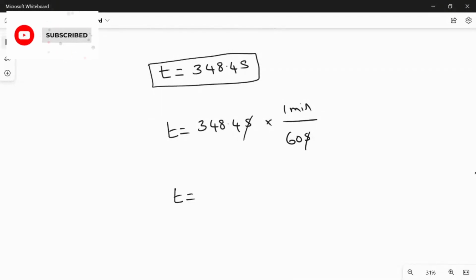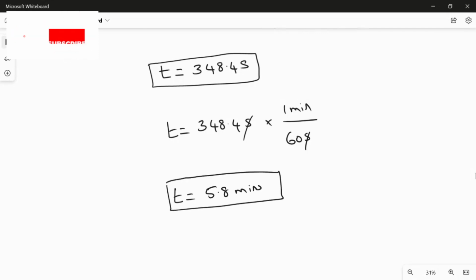If you divide 348.4 by 60, we will get the answer as 5.8 minutes. So this is the answer for the time in terms of minutes, or if you want to give the answer in terms of seconds, you can just leave it as it is. In the question they did not mention anything, but here I just show how to convert the second to minutes. That's it. This is the answer for this question.